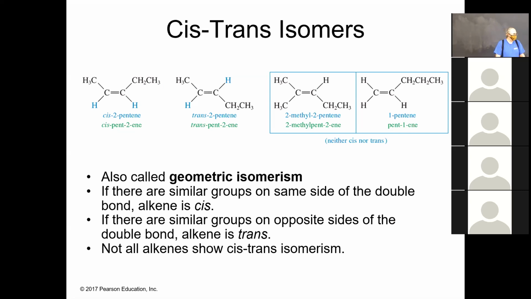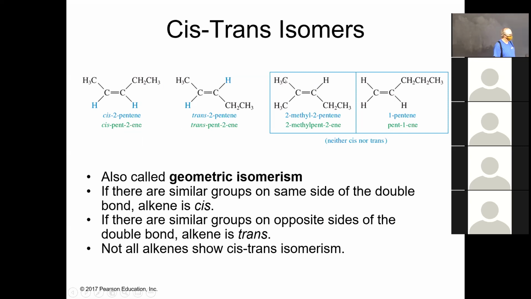Okay, as we've seen, alkenes can exhibit cis-trans isomerism. And we put the word cis or trans right at the beginning, usually in italics if we're printing. So cis-2-pentene and trans-2-pentene.